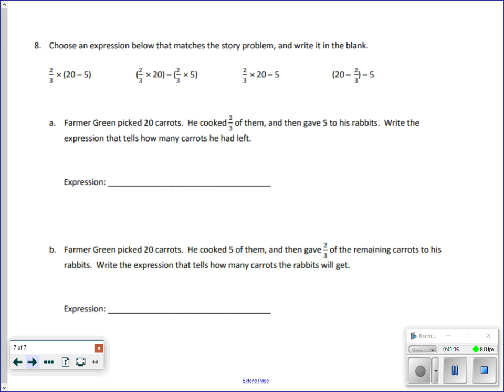You're supposed to choose it and write it on the line. So he had 20 carrots, he cooked 2/3 of them, and then gave 5 to his rabbits. One of those expressions you would use to solve that problem. You should have one of them on that line.